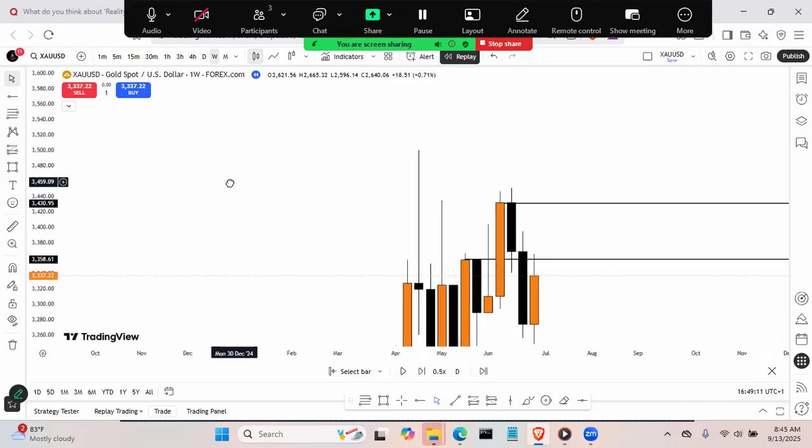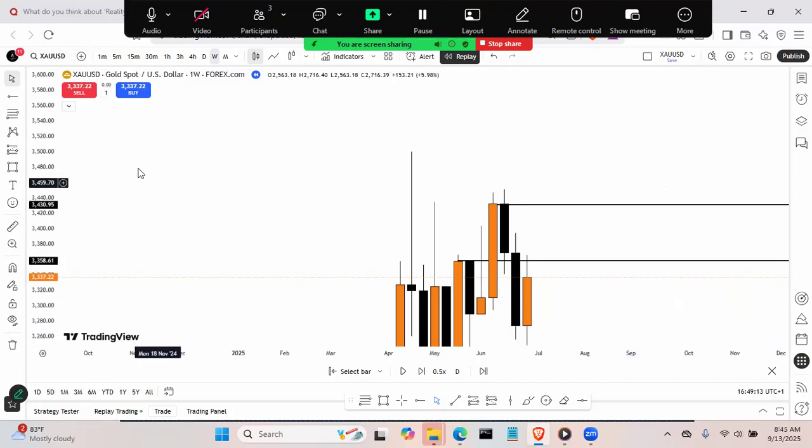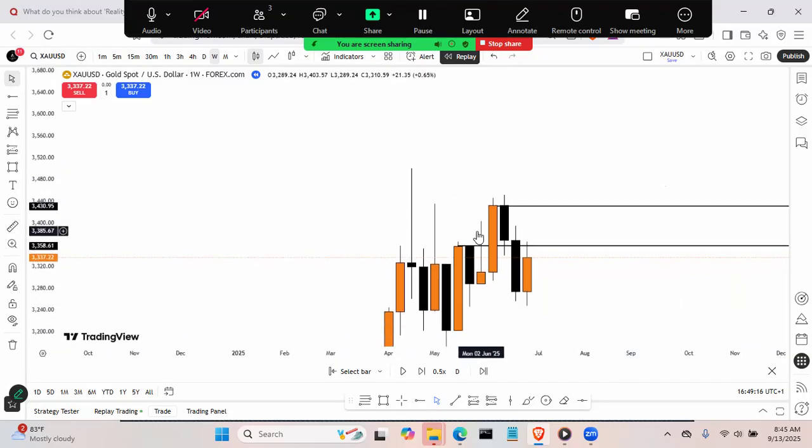Right now at this point, I'm seeing this level as a key level for myself. This is a key level, and this is a key level. I cannot say if this key level is fresh or not until I see this candle closing, because the candle might close above this level and still retain it as fresh.